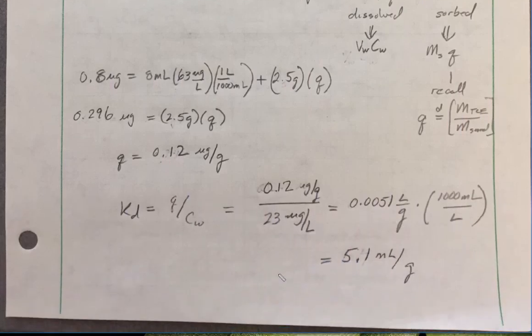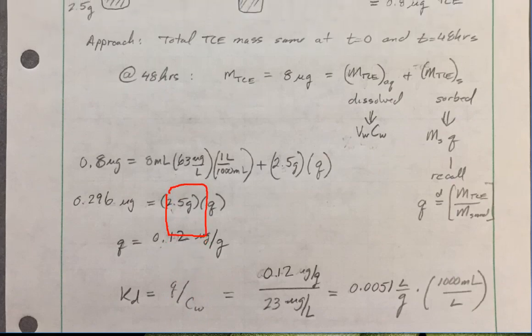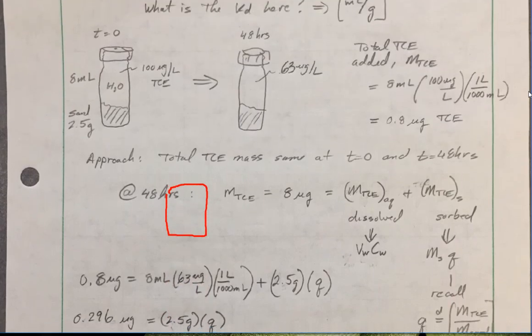So KD, if you only have 1 point like this, it'd be better if you had 4 or 5 or 6 or 7 points, and you'd make a line at different concentrations. But if you only have 1 point like this, you can come up with a rough estimate of the KD. It's simply Q divided by the C at the end of the experiment. So that's 0.12 divided by, I think that should say 63, not 23. I'm not sure how I got that 23 in there. Yeah, that should be 63. So my numbers are messed up. Sorry about that.